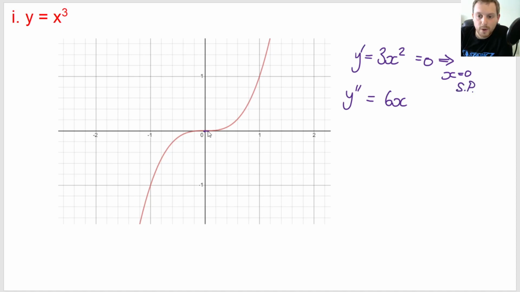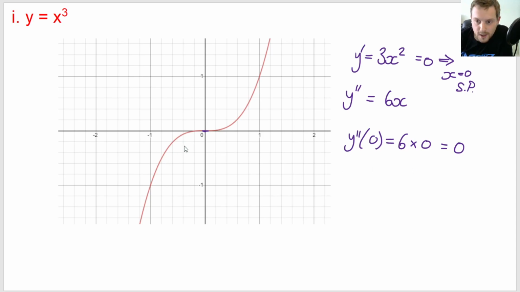So it's flat here, perfectly flat. And also y double dash of 0 is 6 times 0, which is 0. So this is an inconclusive second derivative test. We don't know. It could be a maximum, it could be a minimum, it could be a point of inflection.